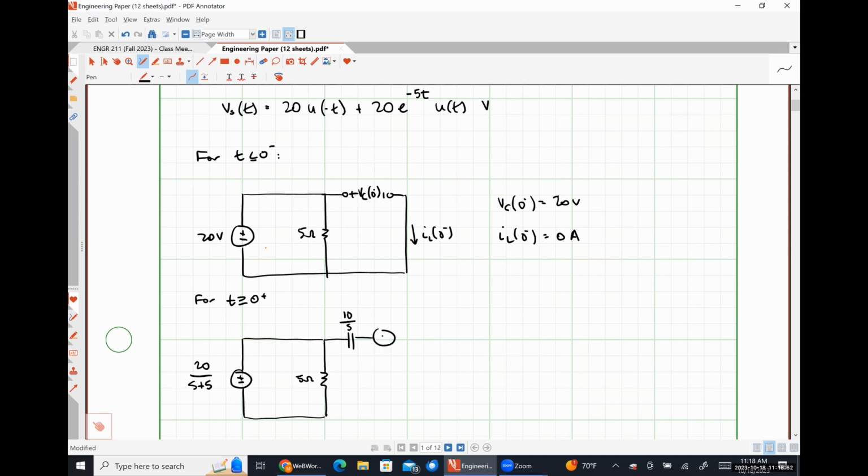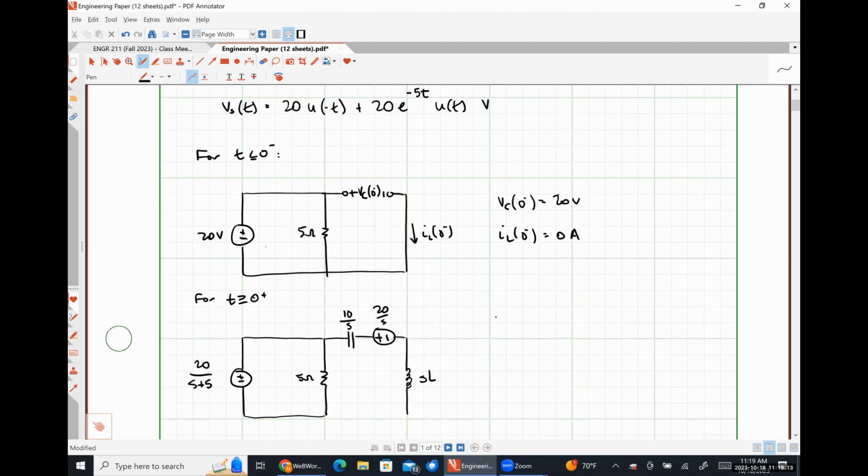My voltage source is going to be 20 over S. And then my inductor is just going to look like, I need to actually draw it. L was 2 henry, so let's just call this 2S.